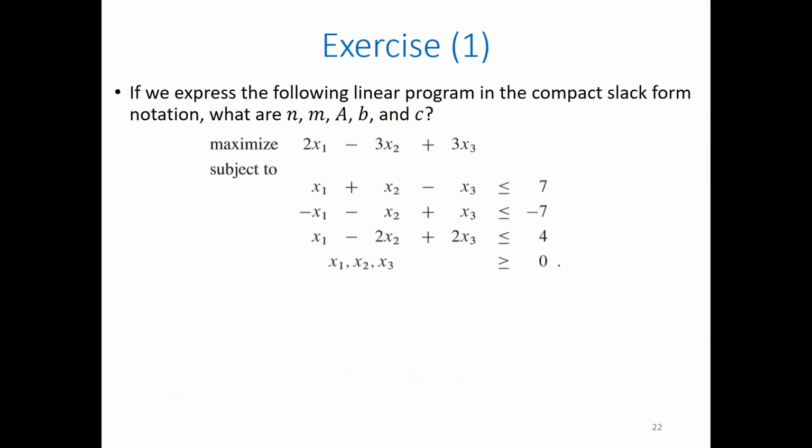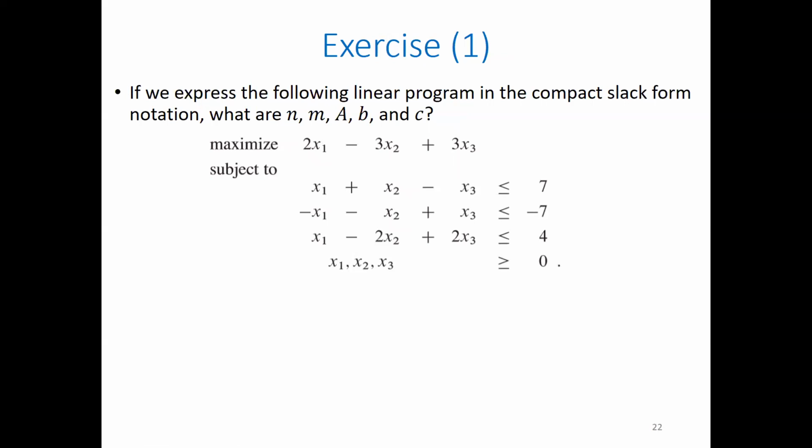Okay, so for you guys, I've given you an exercise to do. I've given you a problem, and I've asked you to write it in matrix slack form. So you have to first convert it into a slack form and then write it in terms of N, B, A, b, c. N is the number of indices of the basic set, and m is the number of indices in the non-basic set.